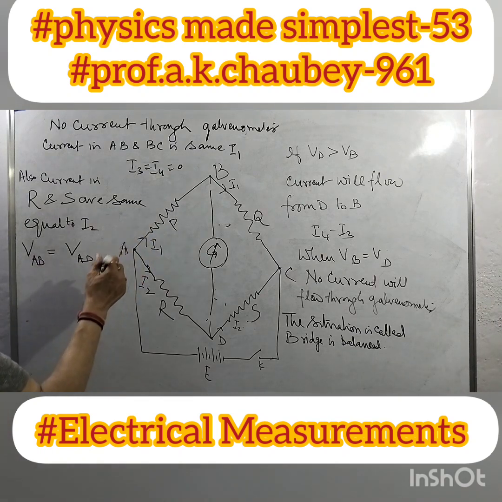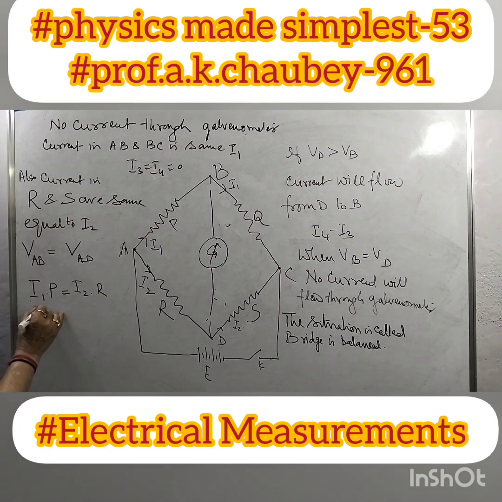That is I1 into P is equal to I2 into R. That means I1 upon I2 is equal to R upon P.